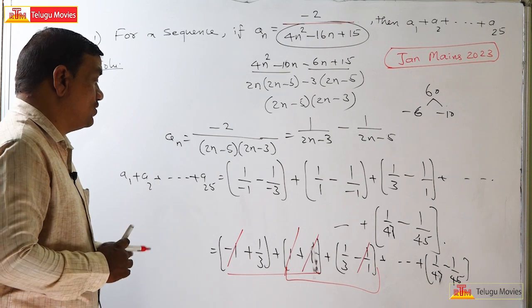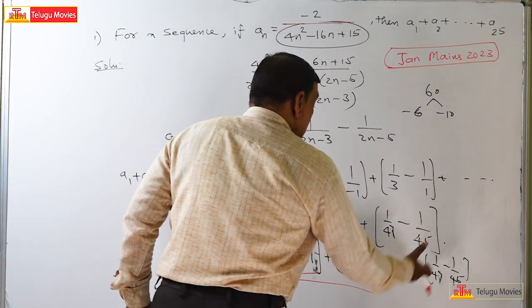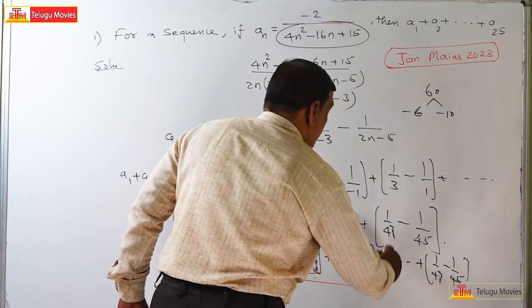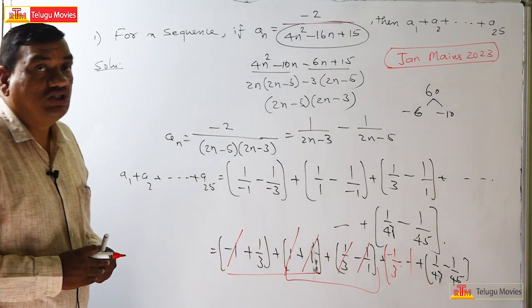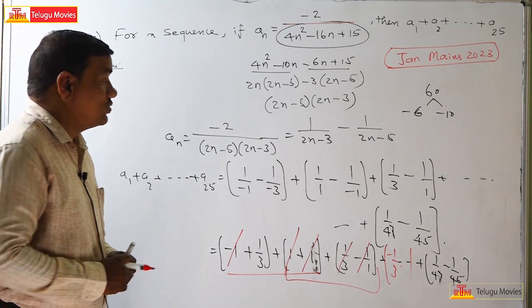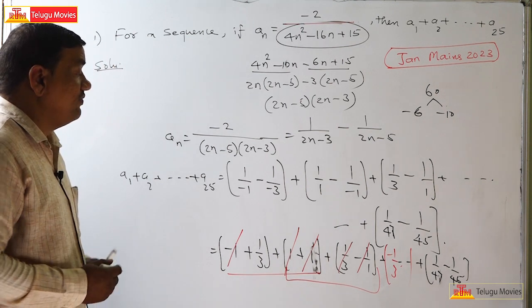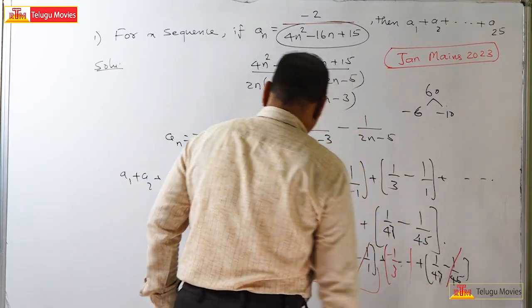If you write so on like this, again this 1 by 3 will be cancelled by the next term, so here -1 by 3 will get cancelled. What are the terms left over?